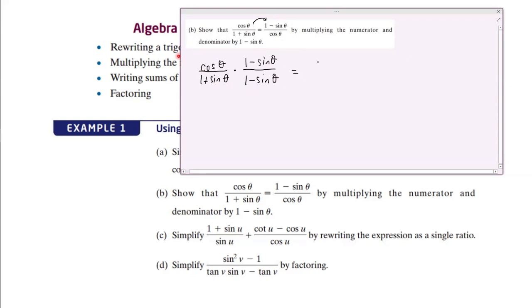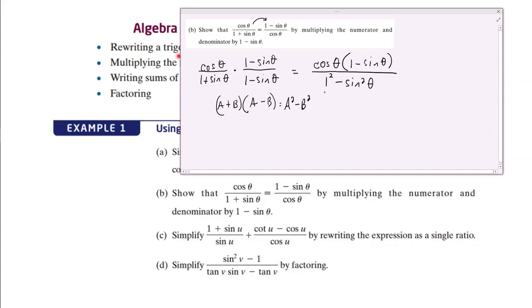On top, we're going to get cosine theta, and I'm going to leave that factored out, times the 1 minus the sine of theta. And then remember that this is a factored form of a difference of squares, right? If I take an a plus b times an a minus b, it equals a squared minus b squared. So this is going to be like 1 squared minus sine squared theta.